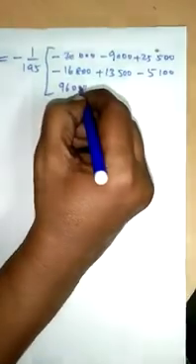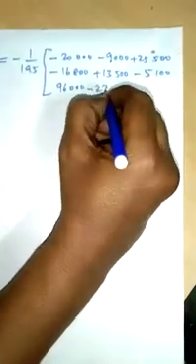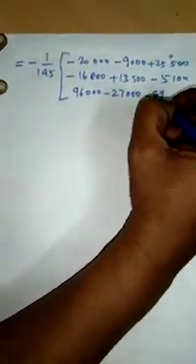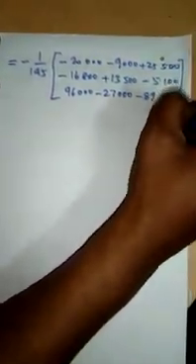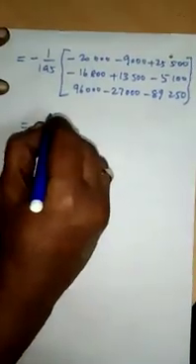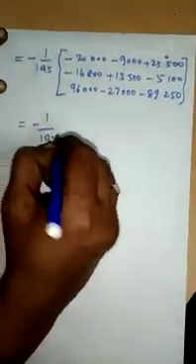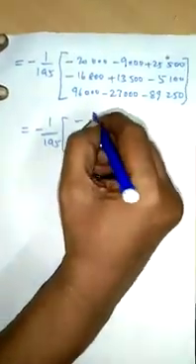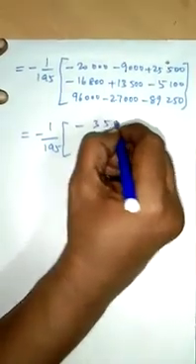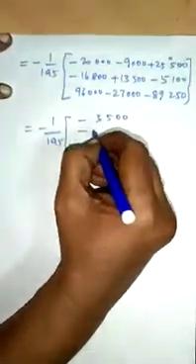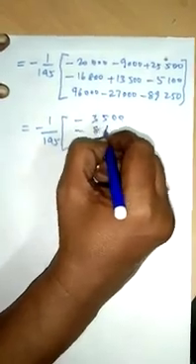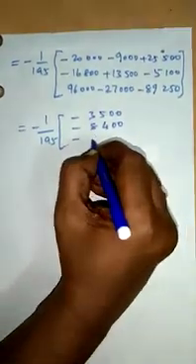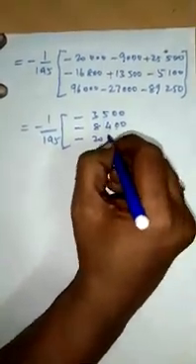Simplifying we get minus 1 by 195 into minus 3,500, minus 8,400, minus 20,250.